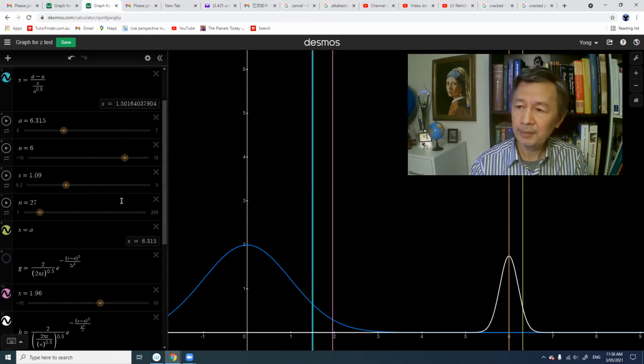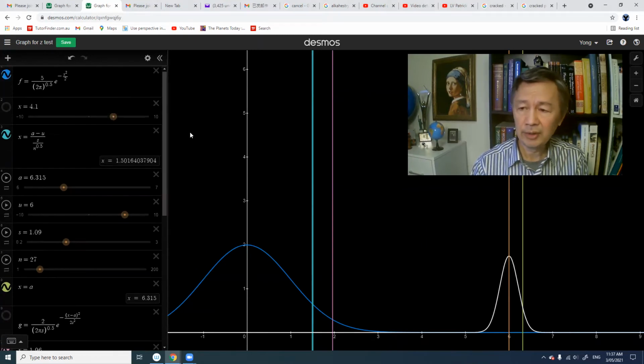But the important thing I want to tell you today is this: if you look at this drawing, the vertical orange line represents the population mean. I set the population mean equal to 6. The green vertical line represents the sample mean.